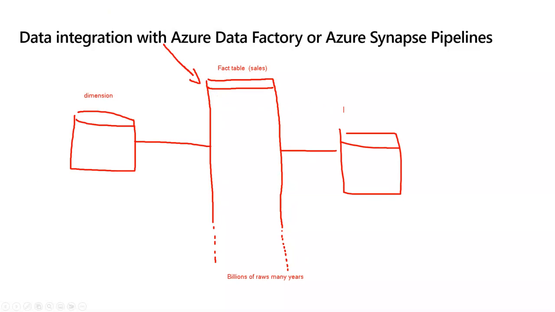This dimension is useful to make sense of this fact table because we want to have an analytic view of those facts. For instance, dividing my sales by years, by months, by quarters.